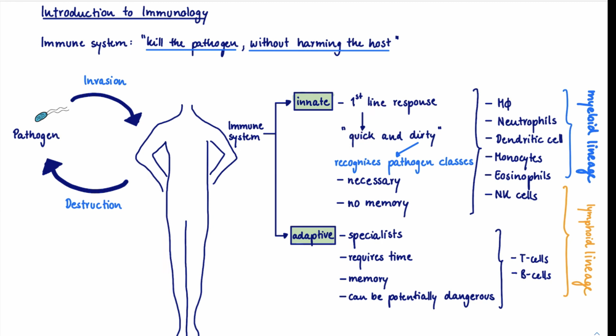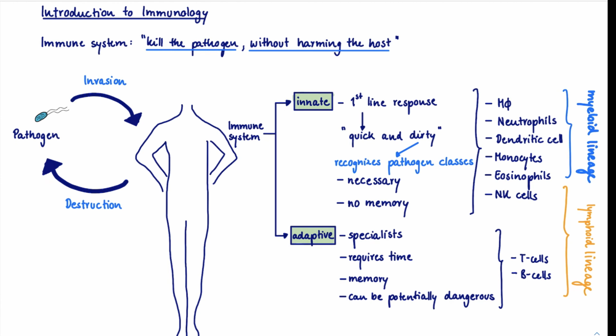It's quick and dirty because it's immediately ready to destroy pathogens, but it's dirty in a way because it cannot tell us any specifics. It can just say, oh, something has invaded us. That's probably a bacteria or that's probably a virus, but it cannot tell any specifics. It cannot say that's Salmonella or that's Escherichia coli.